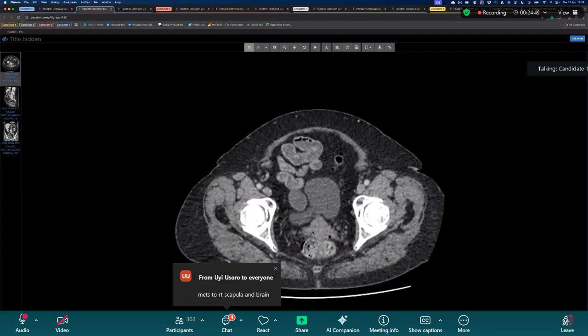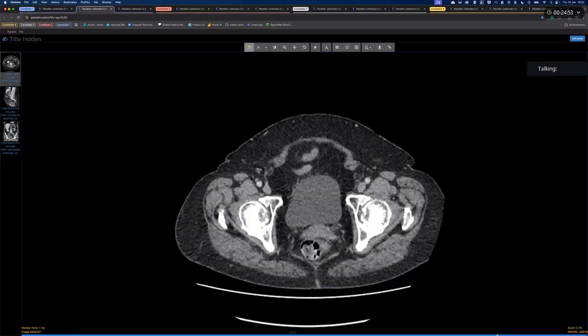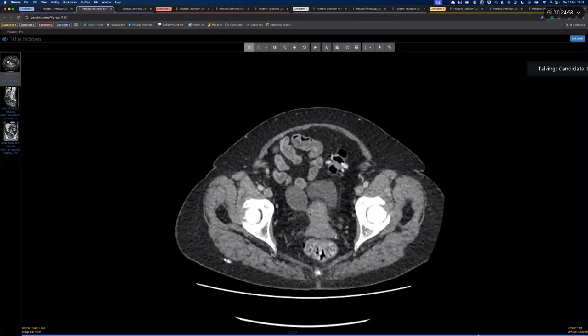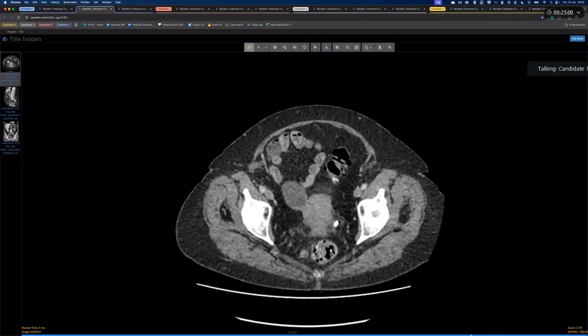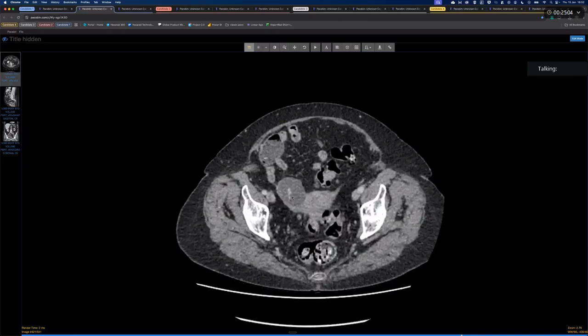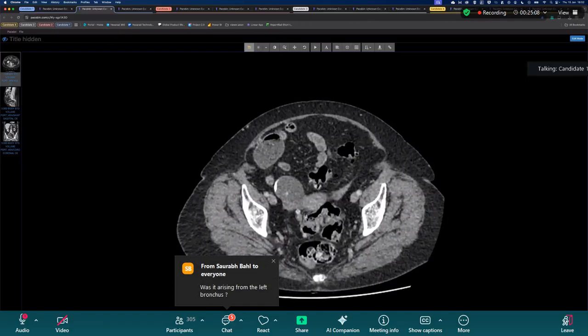Okay. So the cyst is seen on the right side of the pelvis, in close proximity to the uterus. It is well defined with central areas of calcification as well as peripheral calcification.